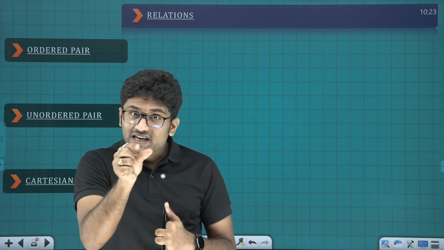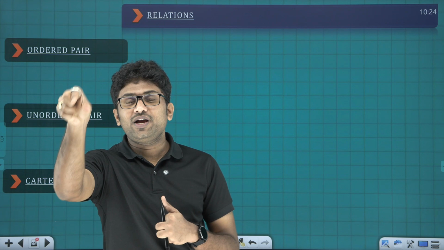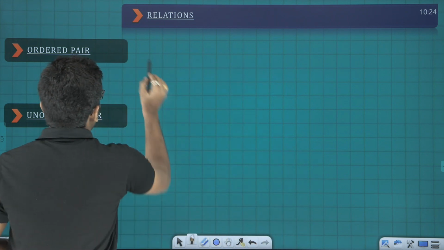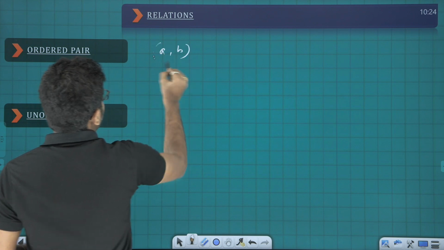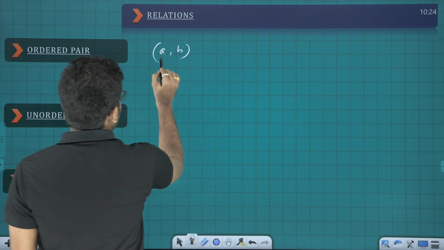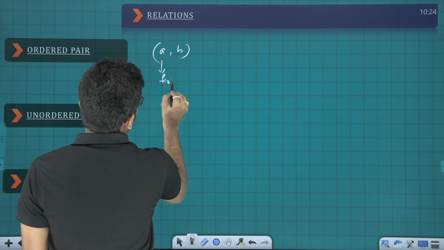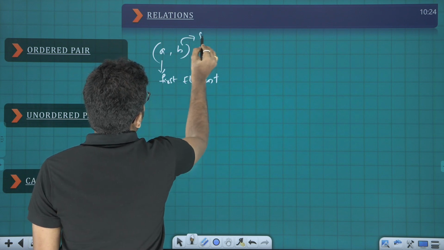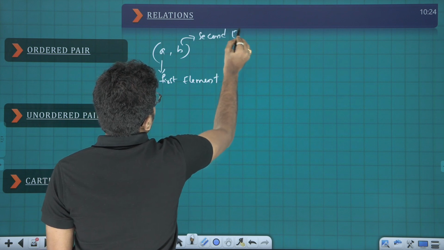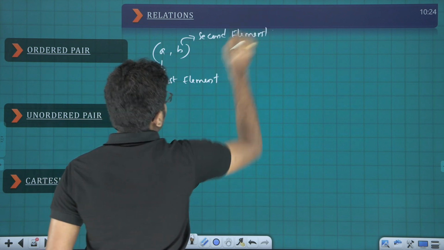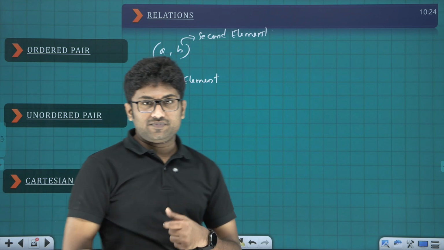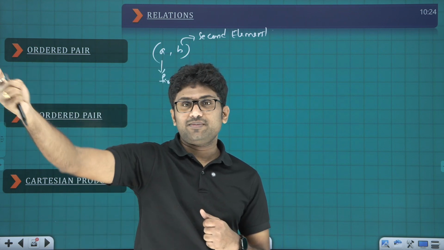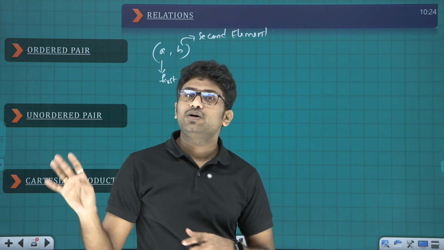No. So x should always be in the first position, y always in the second position. That's the reason we call it an ordered pair. So a pair of elements like A comma B is an ordered pair only when A is the first element and B is the second element. You can't write A comma B as B comma A, okay? Because in B comma A, B is the first element, A is the second element. So A comma B is not equal to B comma A.